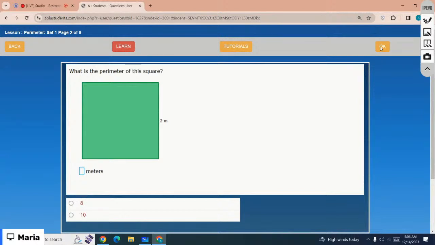So a square has all four sides equal in length. The correct option is 8. Very good.